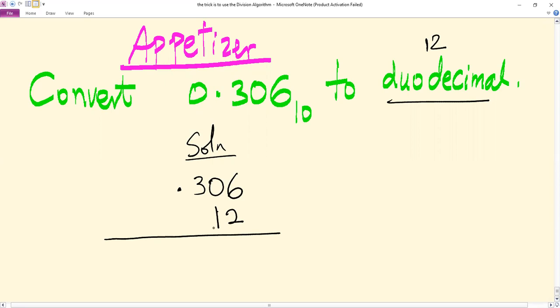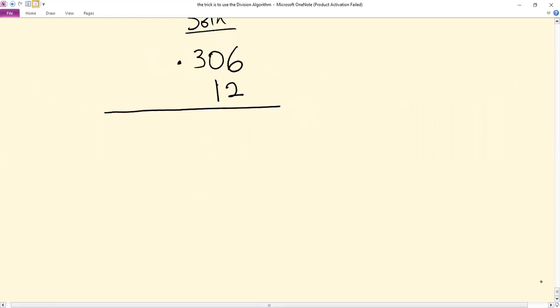So the first thing, 0.306 times 12 gives us 3.672. So we have 3.672. And then the next multiplication, yes, you multiply by 12, but then you only multiply the decimal part, not the integer part.